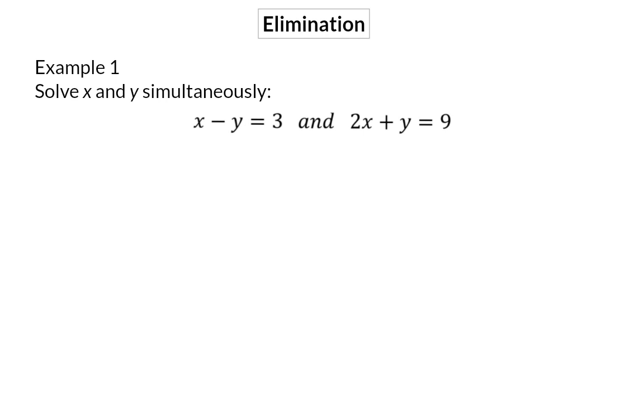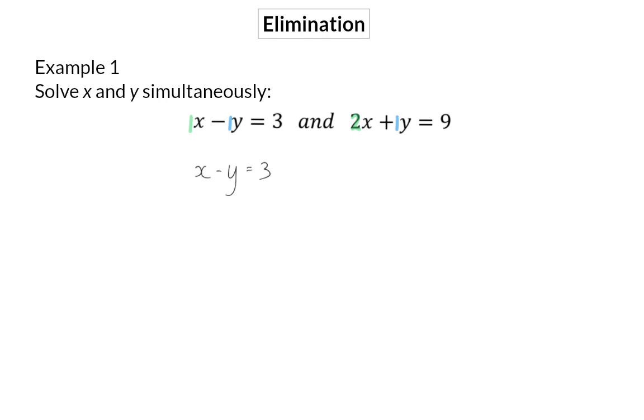The sign doesn't matter. Looking at our two equations, we have a variable of 1x and 2x, so they are not the same. And for y, we have 1y and again 1y, which means I'm going to eliminate the y.